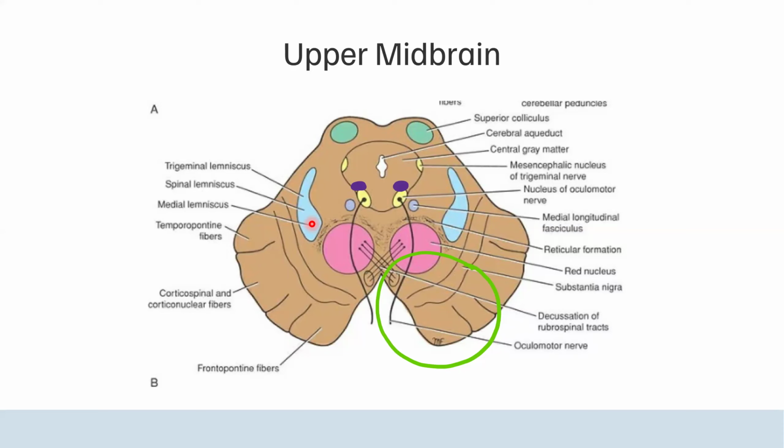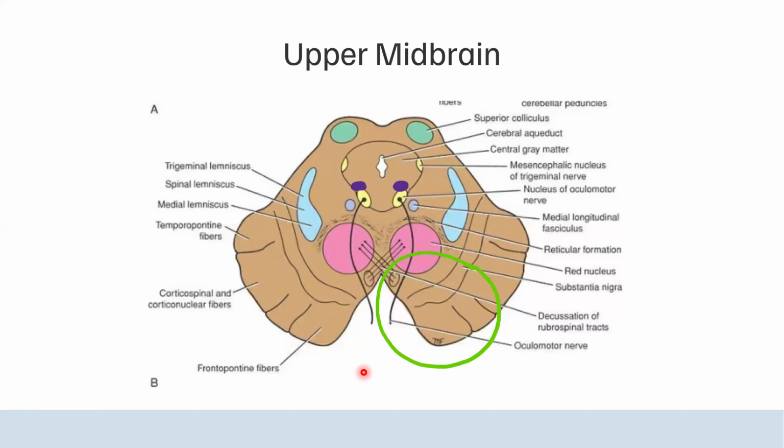Do you guys know why we're missing the lateral lemniscus? No. Okay. So the reason why we're missing the lateral lemniscus is because it's going to decussate and it's going to go to the thalamus and it's going to move on. So it's no longer interested in the midbrain, basically. But that's just for your information. You don't need to actually know it. So the upper midbrain, we have trigeminal lemniscus, spinal lemniscus, and medial lemniscus. We no longer have our lateral lemniscus.